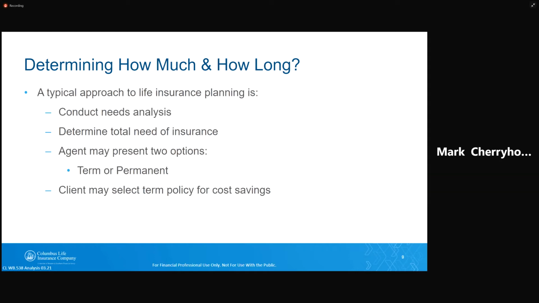Another problem that may arise in using a needs analysis is how a typical insurance plan may be implemented. Regardless of which one you use, a life insurance discussion with your client may go along the lines of: you're meeting with the client, you conduct a needs analysis, but you've got to remember that you need to ask the emotional questions.